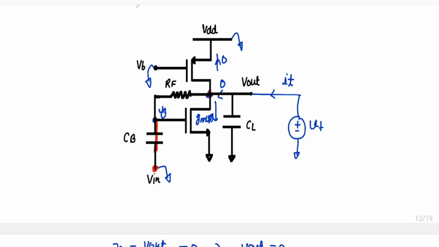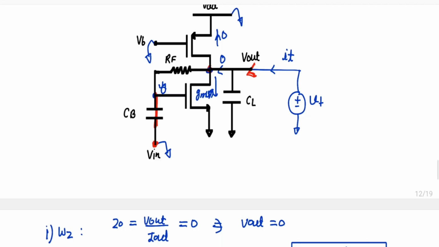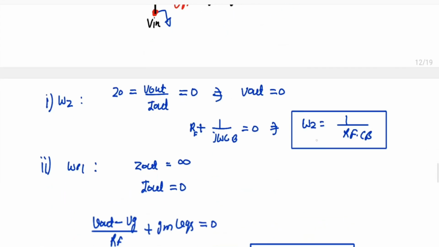So what will be the KCL here? If this is short, VGS is 0, so there will be no internal current. This current will be 0, and this current will be V out by Rf, and this current will be V out into S CL. Now we add both currents and it will be 0.